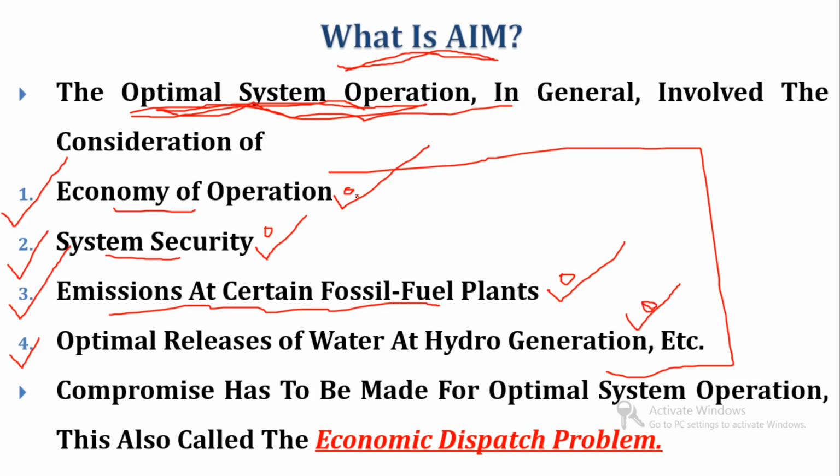So, the system which fulfills all these 4 points: most economical, most secure, least emission of fossil fuel, and optimal release of water in hydro power plant, then this system is called optimal. Clear?